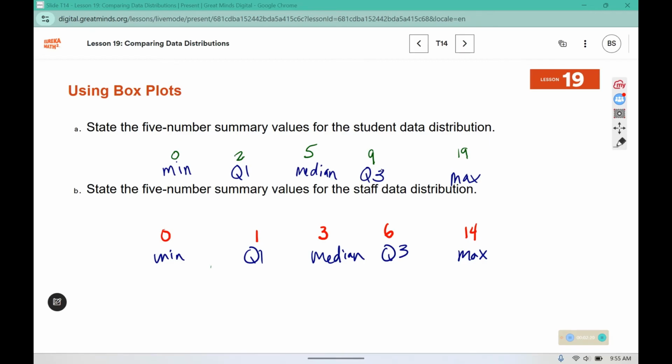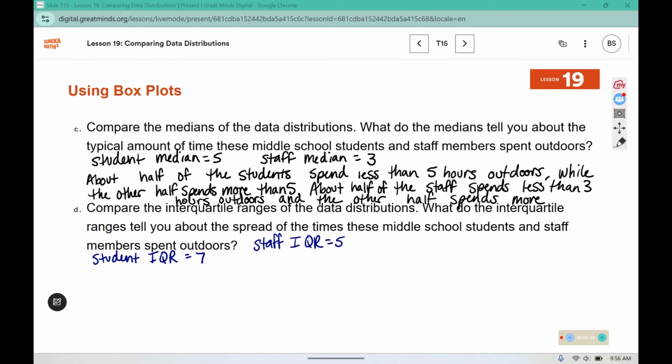So for the students, 9 minus 2 is 7, and for the staff, 6 minus 1 is 5. The interquartile range tells us about the middle half, or the middle 50%. So the middle 50% of the students had a spread of 7 hours, and the middle 50% of the staff had a spread of 5 hours.